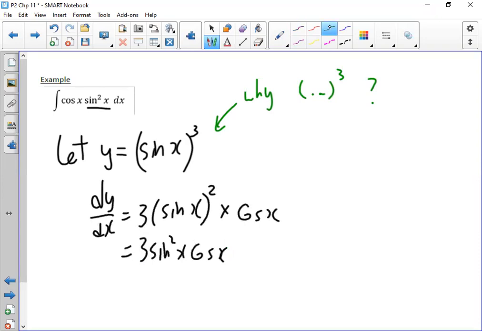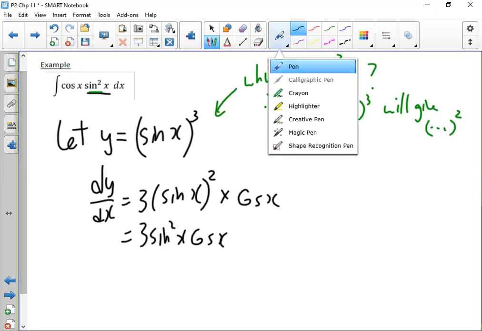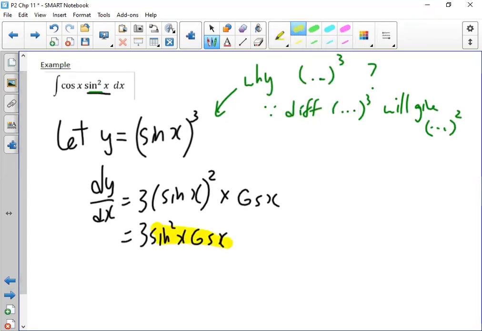Answer that question, y cubed, because differentiating a cube will give something squared, right? And that's what we need, something squared. So does our guess answer work? It works because if we check the variable terms in here, sine squared x, cos x, it's the same as the question. Therefore, it works.